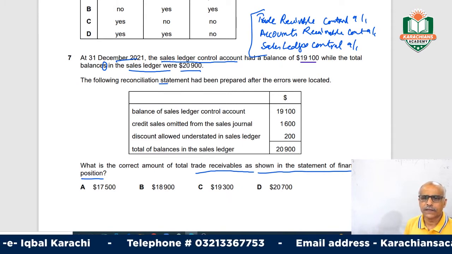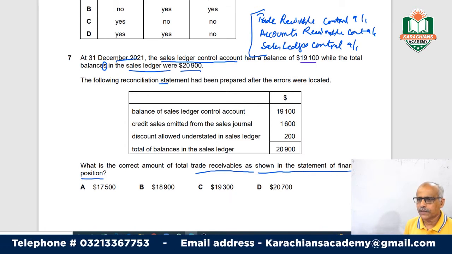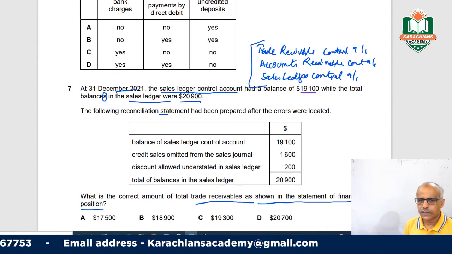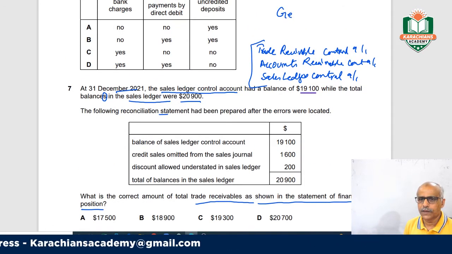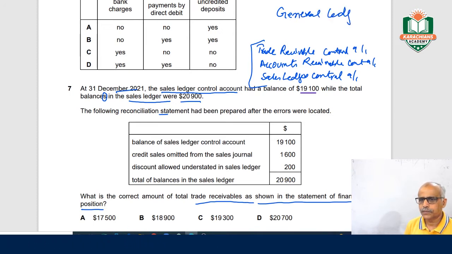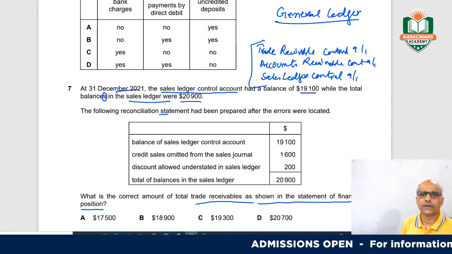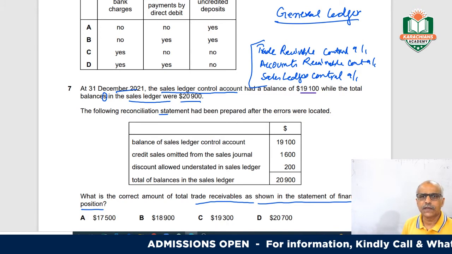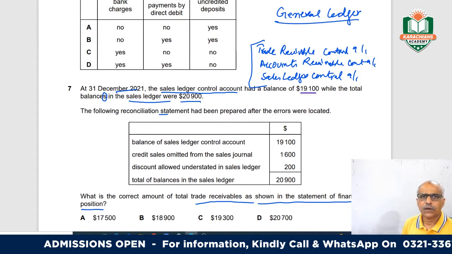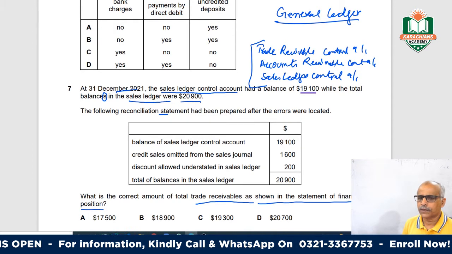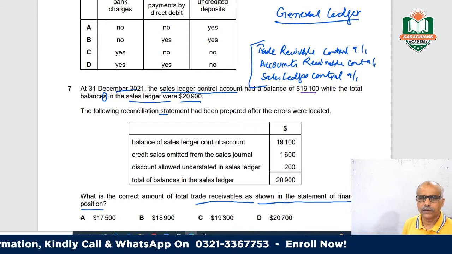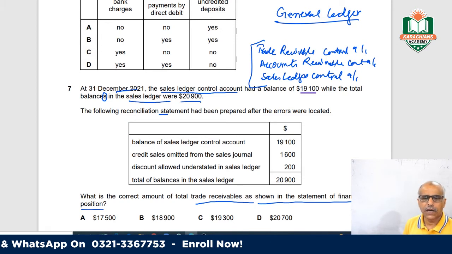Why do we call it sales? Because, number one, this account is opened in the general ledger, and it is a total account, meaning it is a control account. Here party-wise information is not available, customers' accounts are not available.